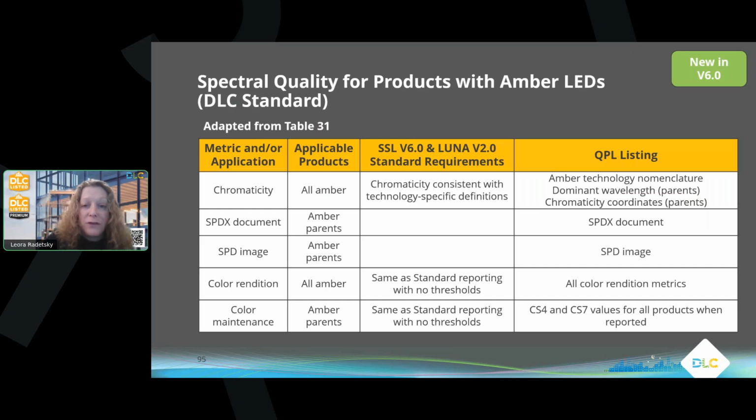As Casey mentioned earlier, color rendition and color maintenance metrics are reported for amber LEDs, but we're not stipulating any thresholds for them. An amber pre-submission tool will be created by the DLC and will be available to our submitters to calculate all relevant amber metrics and to create images that will be posted on the QPL for amber parent products.